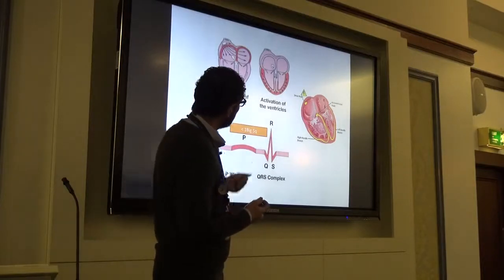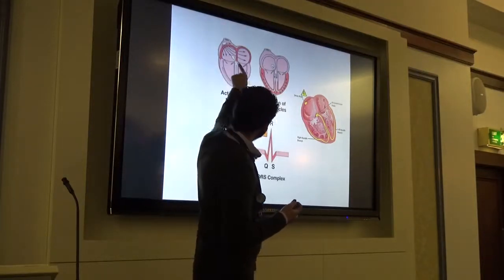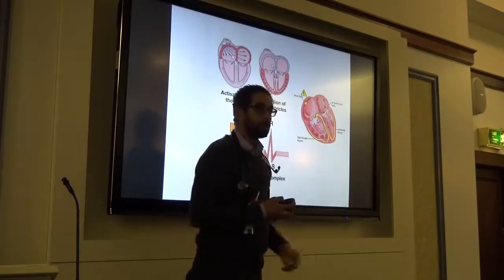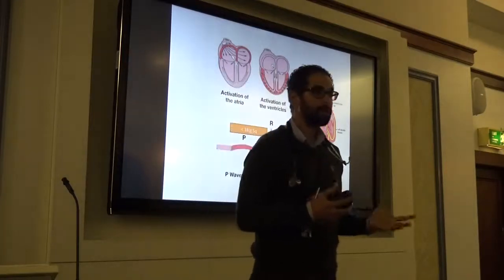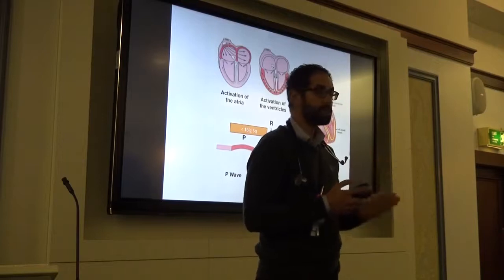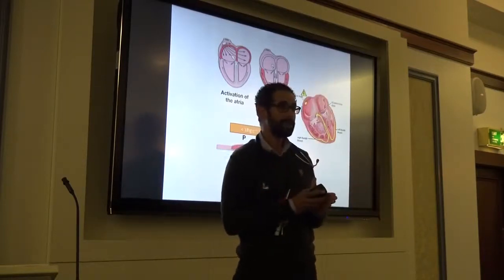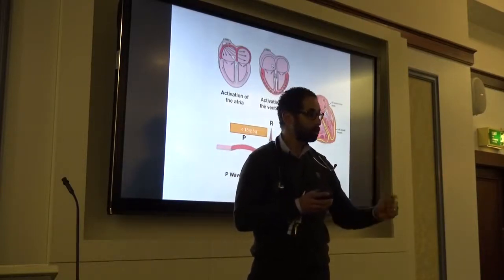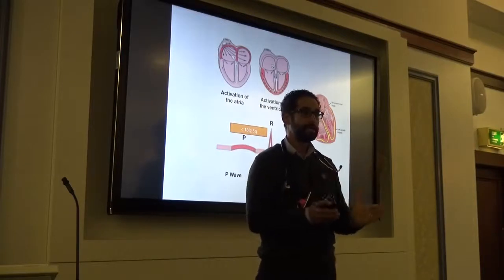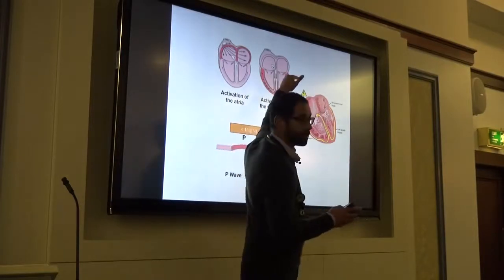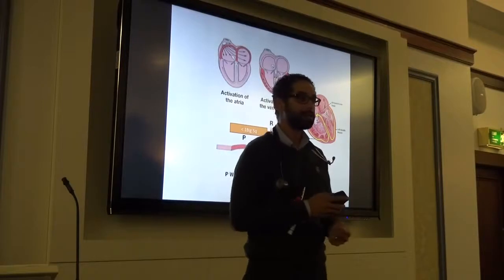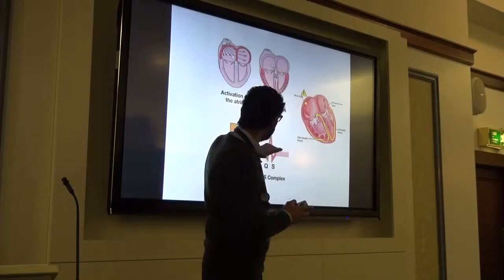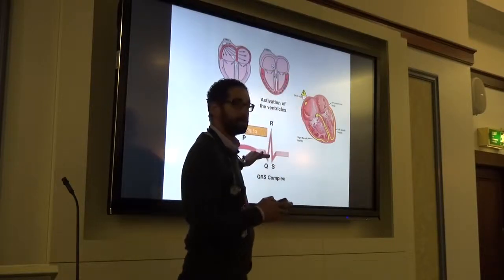What allows this is the delay across the AV node. It gives you the timing to allow the atria to contract, a delay at the border control here at the AV node, and then you get the ventricle activation. This delay, this border control, gives you the PR interval.